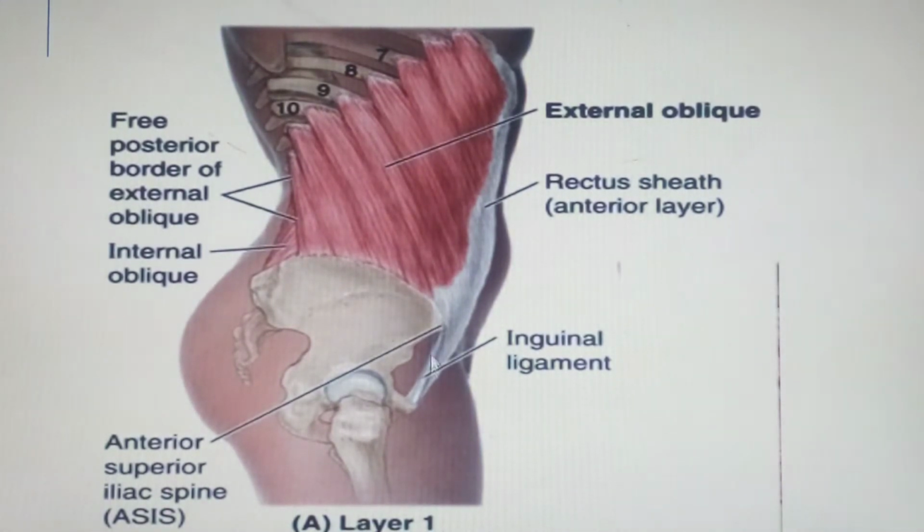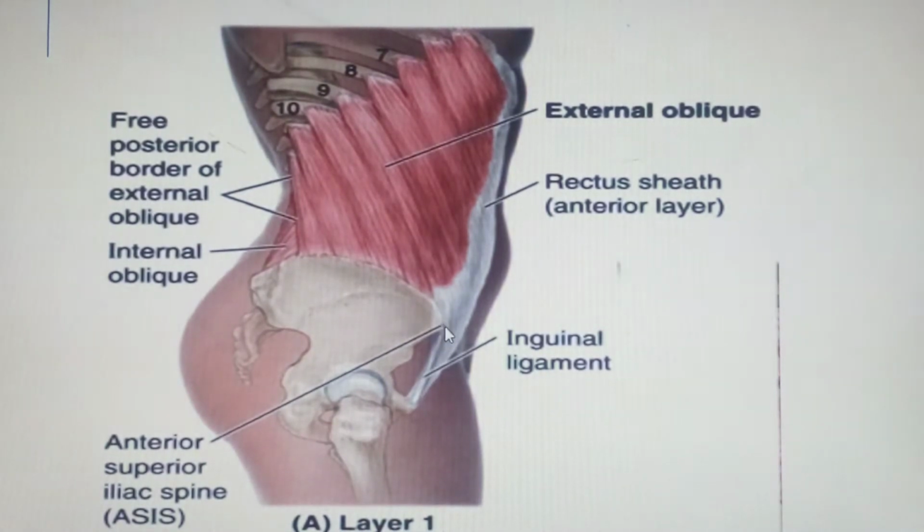Now, get to know that the lower fibers of the external oblique muscle give rise to a ligament in the groin area, and that ligament is what we call the inguinal ligament. It therefore tells us that the external oblique also has some attachment by way of insertion in the lower aspect of the pelvis.